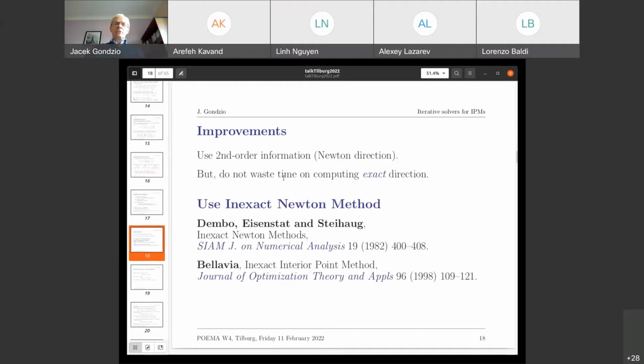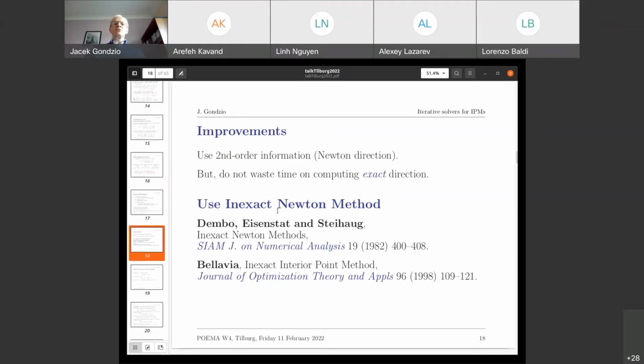In the rest of my talk, I will talk about improvements of interior point methods and the improvements that happened over the last, say, 5-10 years. And those concentrated on using the second order information, that is using the Newton direction, but relaxing the rigor of doing this. That is not always going for the exact solution of Newton's system, but admitting that we may solve the Newton system inexactly.